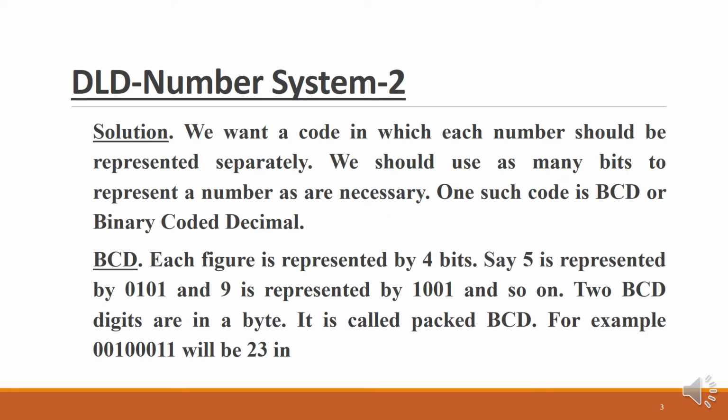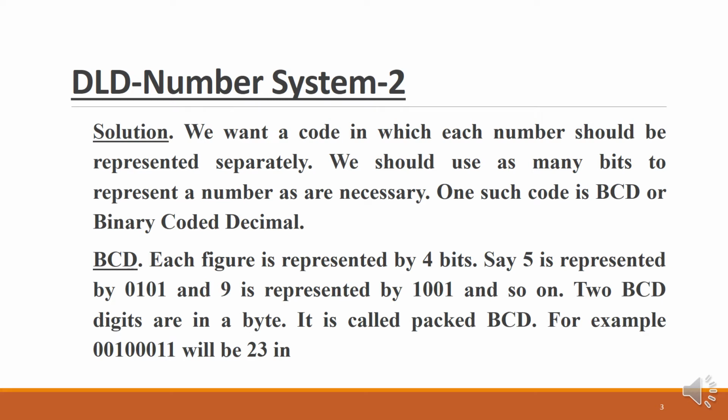So then what is the solution? The solution is that we want a code in which each number is represented separately, and there we come to the BCD code, or binary coded decimal. In this code we use 4 bits for every number.